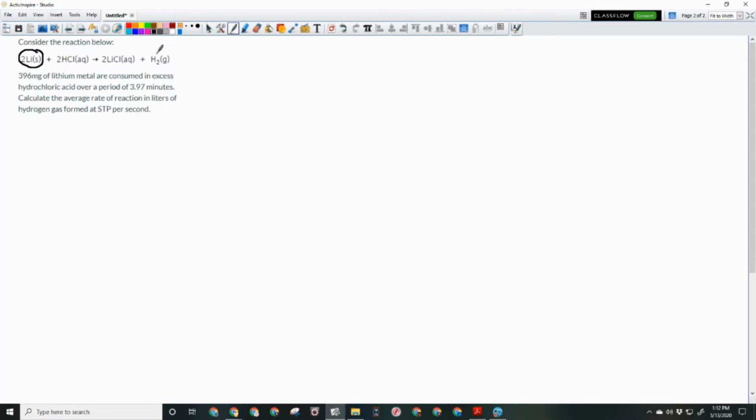So we have 2 moles of lithium combining with 2 moles of hydrochloric acid. We have 396 milligrams of the lithium, and it's reacting to give 2 moles of lithium chloride and hydrogen gas.